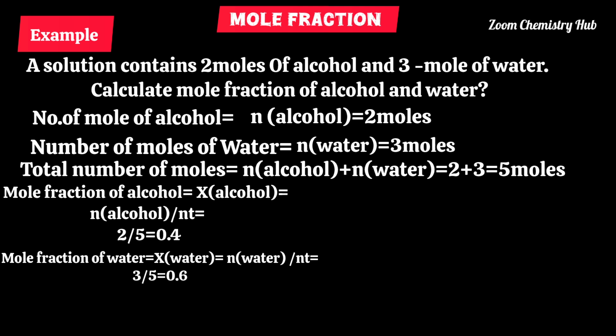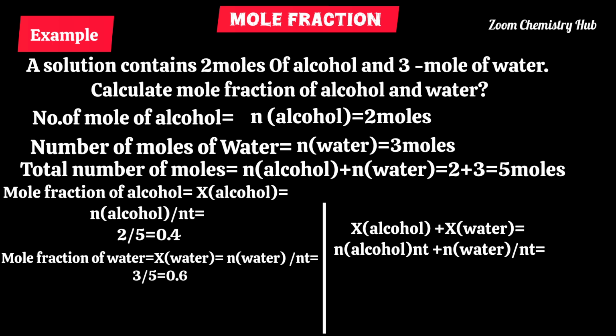As the sum of the mole fractions of all the components in a solution is always equal to 1, the mole fraction of alcohol plus the mole fraction of water, where the mole fraction of alcohol is equal to number of moles of alcohol divided by the total number of moles of the solution plus number of moles of water divided by total number of moles of the solution.